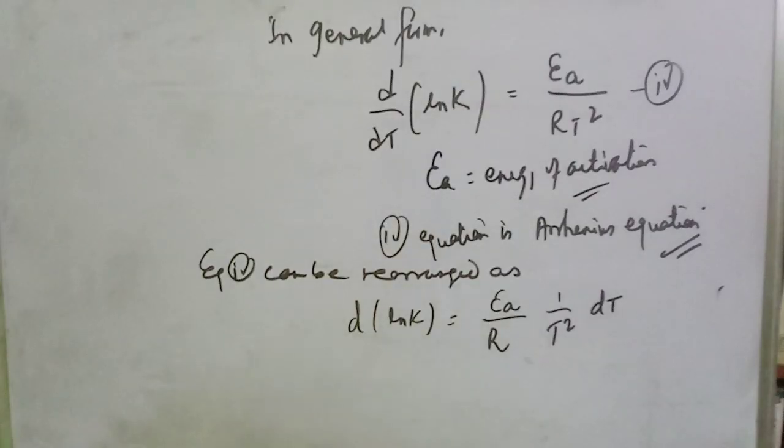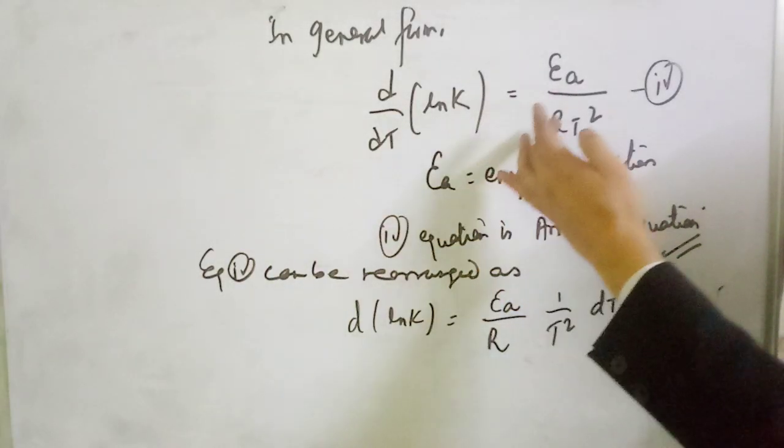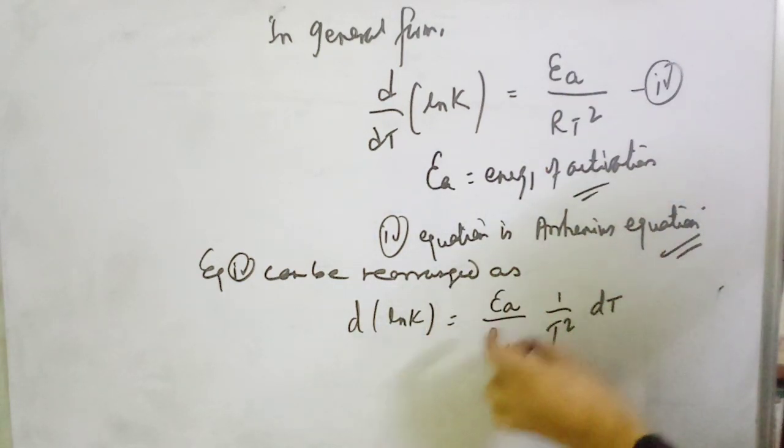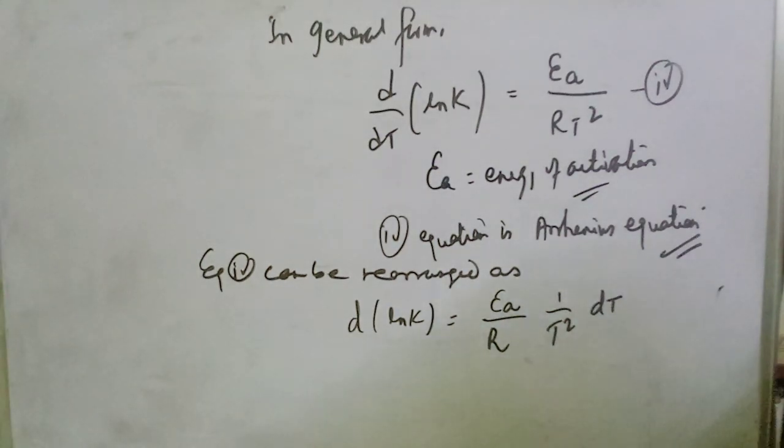We put the dt on this side, so d ln k equals EA upon R, 1 upon T square dt. That you can easily write this way.